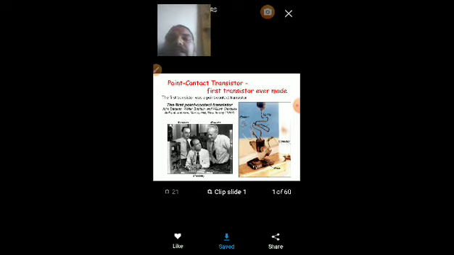The first transistor was a point contact transistor, built by John Bardeen, Walter Brattain, and William Shockley at Bell Laboratories in 1947.